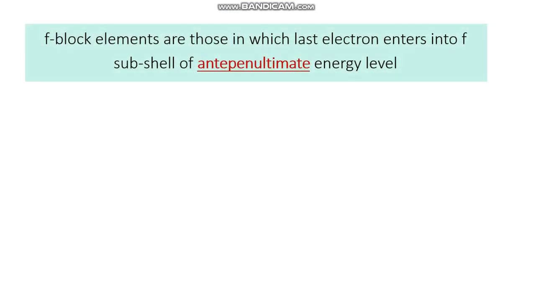Next is why the f-block elements are called f-block elements, or what will be the logical definition of f-block elements.